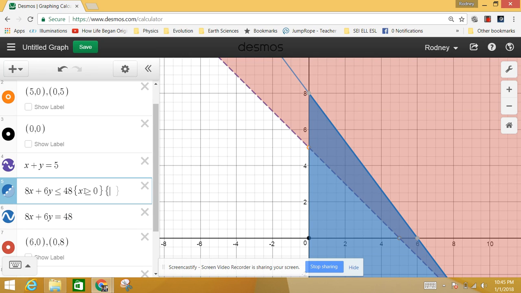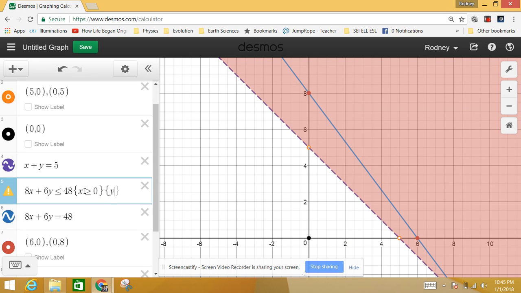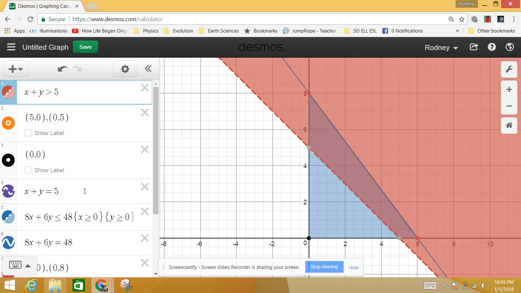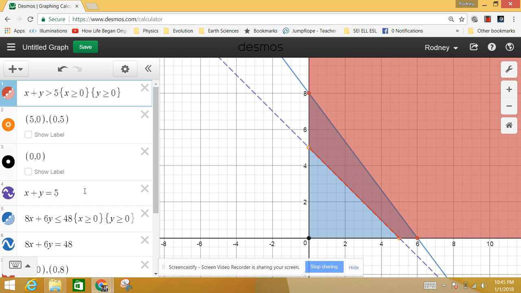And we're also going to have to make it clear that y is greater than or equal to 0. And so that's that zone. I'm going to copy that restriction up to my other inequality. And now it's a little clearer what is shaded. So this is the zone of possibility.